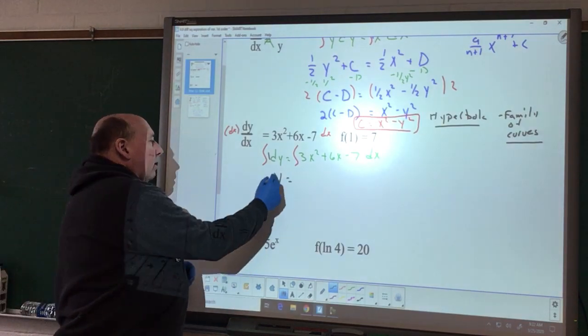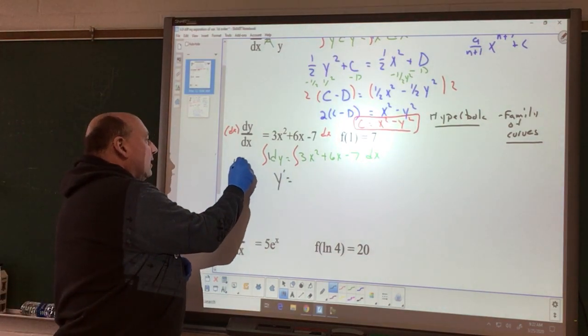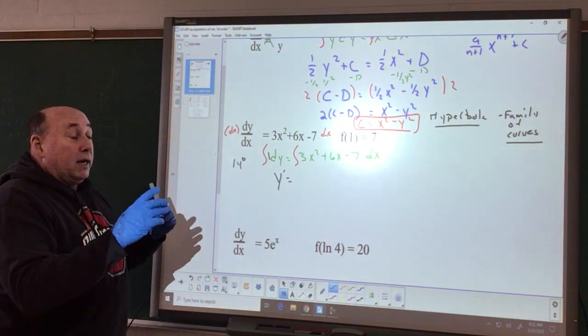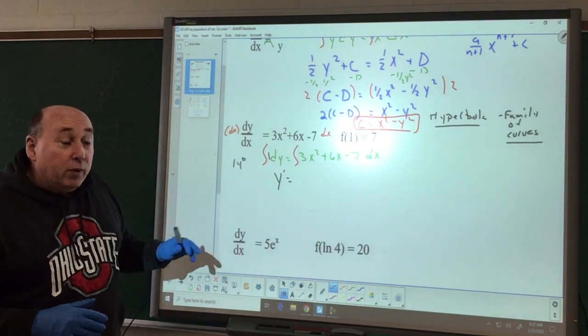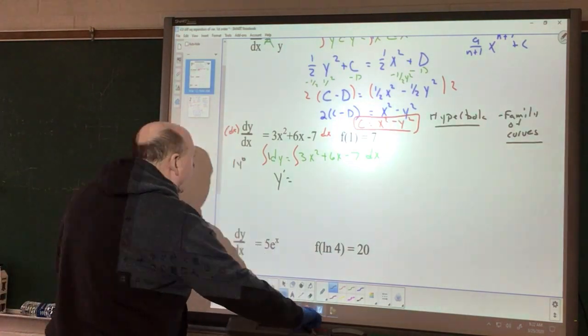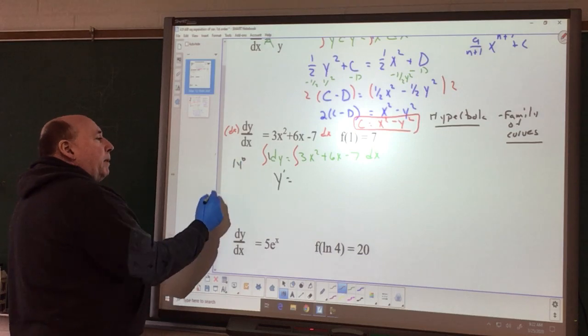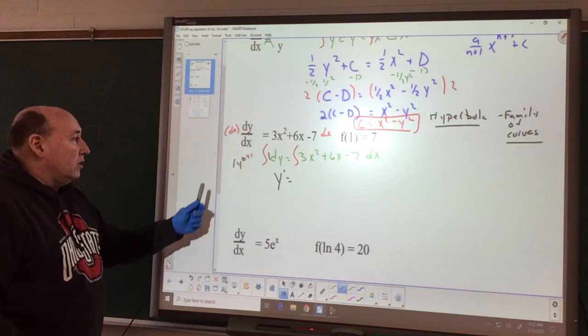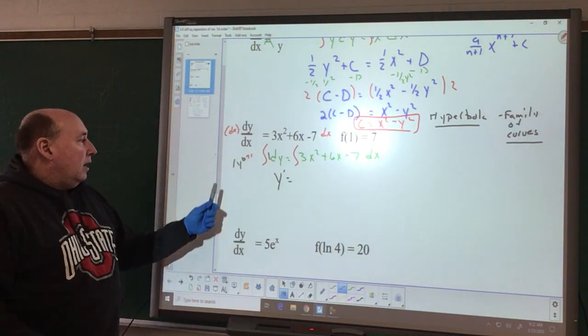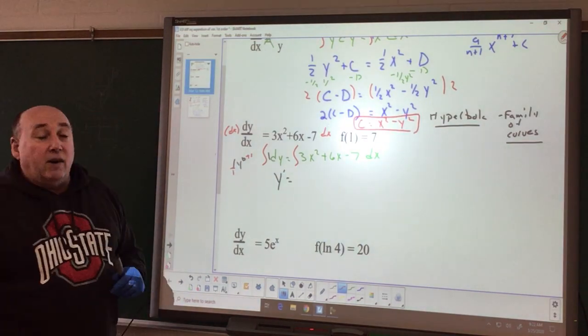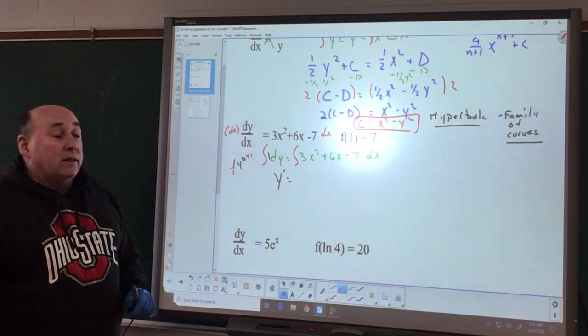Y to the first power, because it's 1y to the 0th power. Okay, let's watch the magic that we're doing here. I'm going to add 1 to this, because it's going to give me y to the 1st. And I'm going to take 1 and divide by 1, so I get this y to the first.